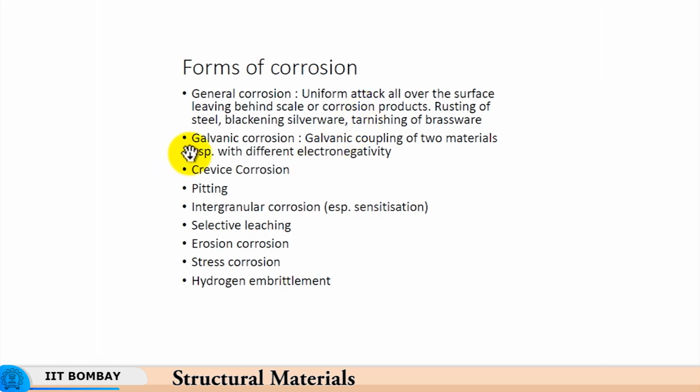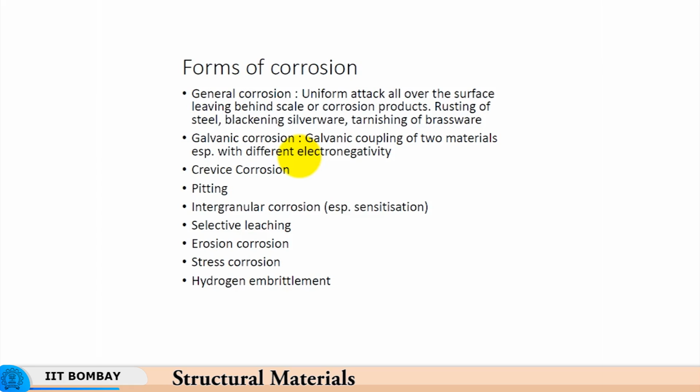Now, another form of corrosion is called galvanic corrosion, where, without our intention, two materials having different magnitudes of electronegativity come together. Well, we might have selected these two materials because of their functional requirements. One material is required to be soft, the other one is required to be hard.